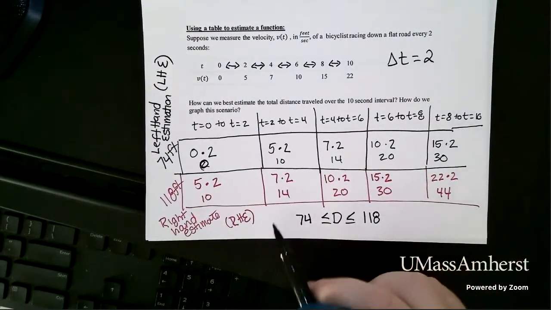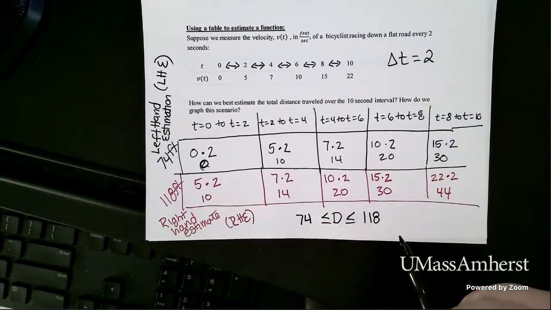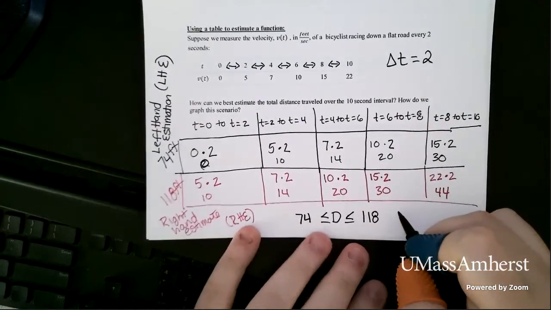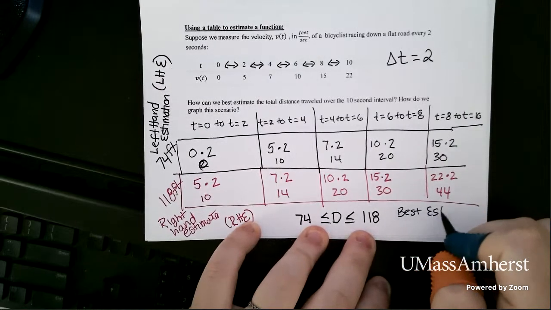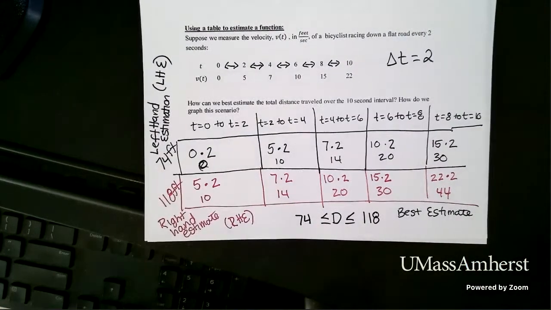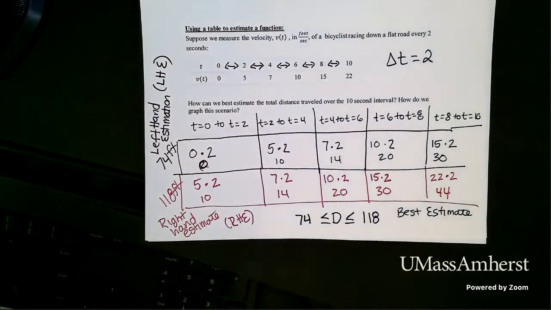So those give me bounds of where the actual distance needs to be. And I also have what's called a best estimate, which is what I get if I average 74 and 118, right?